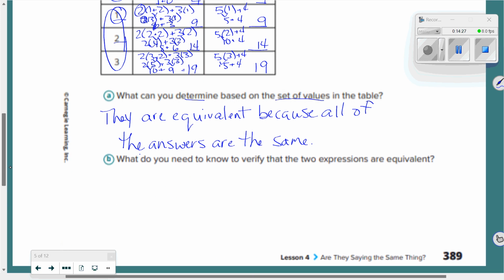What do you need to know to verify that the two expressions are equivalent? I actually just gave you the answer. When you put in the same value, you get the same answer.